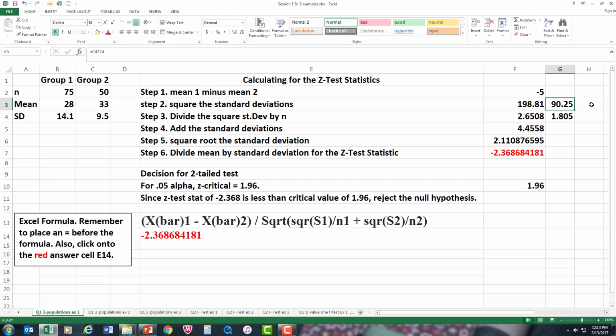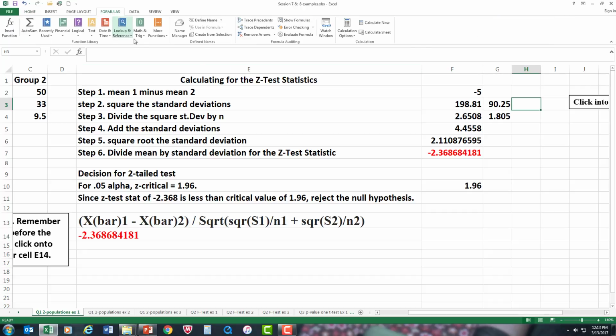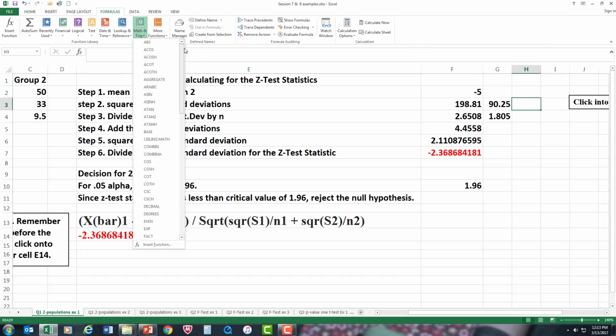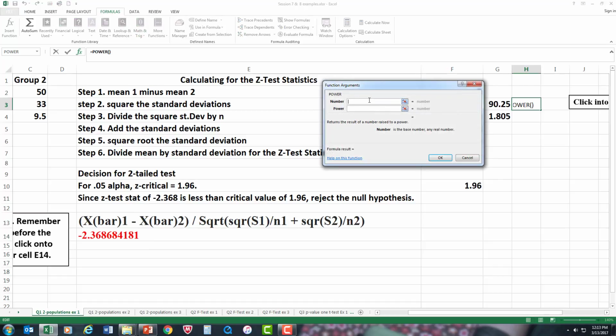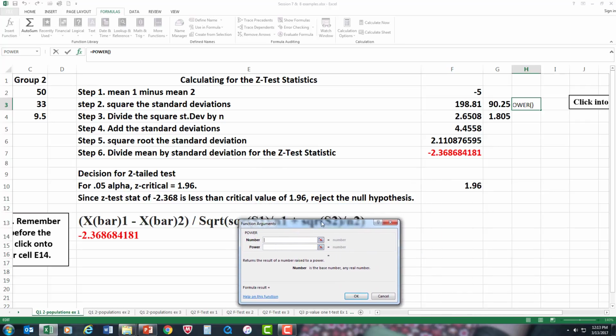However, I discovered that there is a square operation. If you go to formulas, go to math and trig, scroll down to power, there it is right there. If you click in, it will ask you for the actual number.